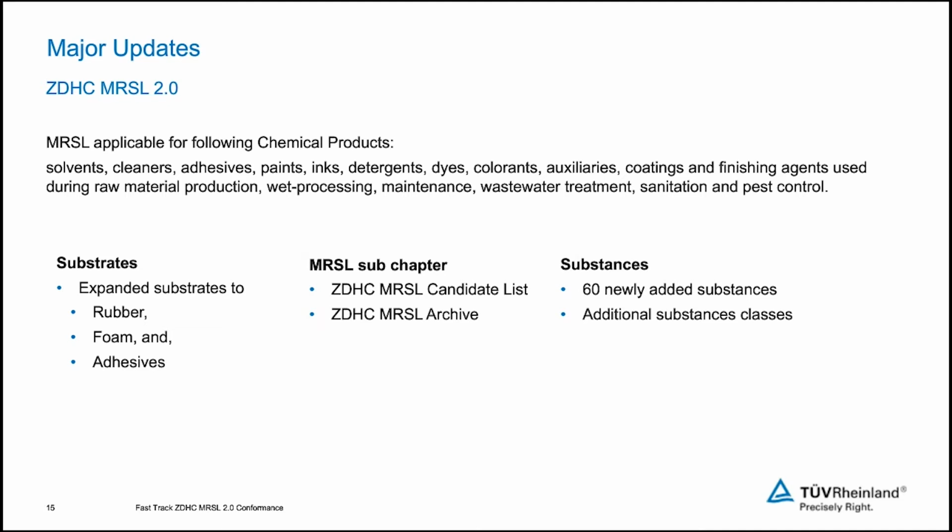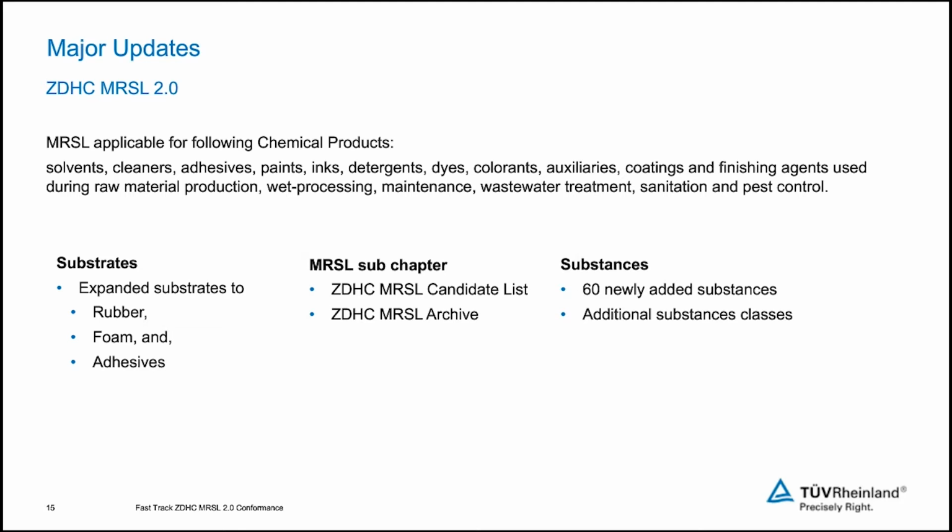Another new subchapter is the MRSL archive. The MRSL archive includes substances which have been previously used in production and are now no longer in use. The biggest impact and most significant change from my point of view relates to the MRSL substances. The second version of the MRSL includes not only updates of a technical nature as said before, but adds more than 60 new chemicals to the MRSL.